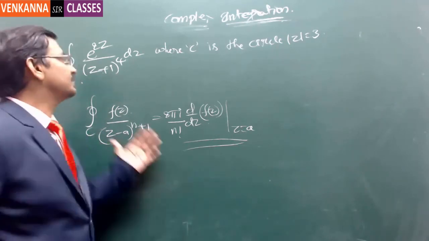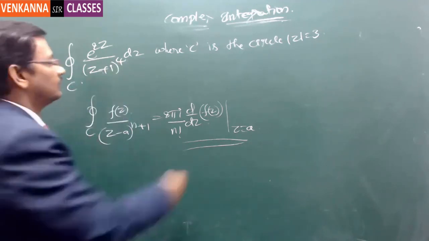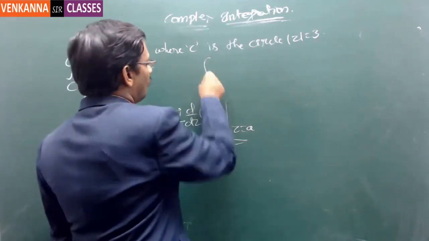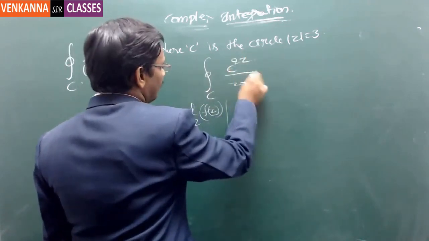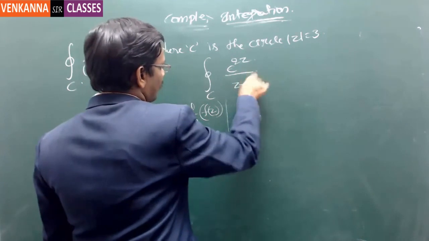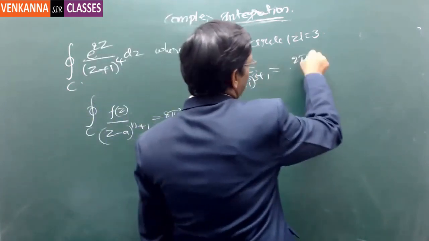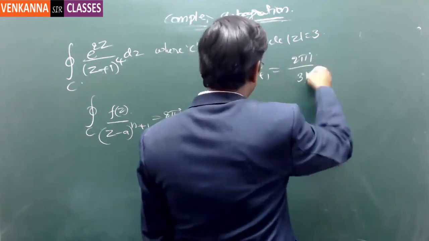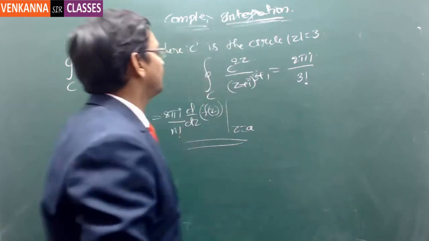So, based on this, here n is 3 because 4 can be written as 3 plus 1. So the integral over the contour C of e power 2z divided by (z plus i) whole power 3 plus 1 is equal to 2 pi i times 3 factorial. Right? 3 factorial.